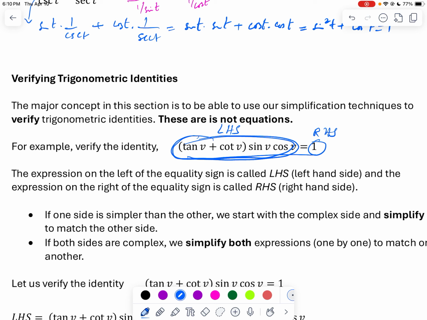For example, in this one, you can see that the left hand side is complicated. The right hand side is very, very simple. We cannot simplify it further. So we will start with the left hand side and try to show that it gives us what we are seeing on the right hand side.